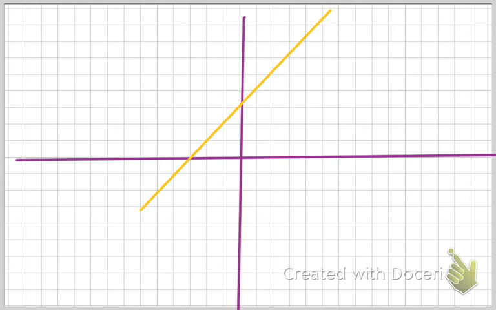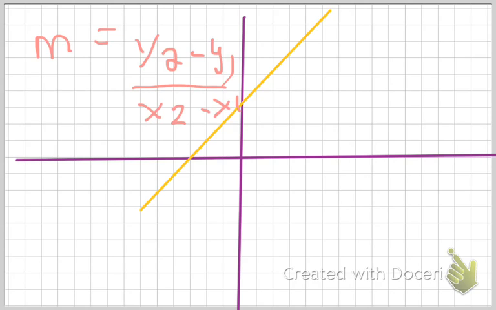So the slope formula is m equals y2 minus y1 over x2 minus x1. Let me rewrite that somewhere neater.